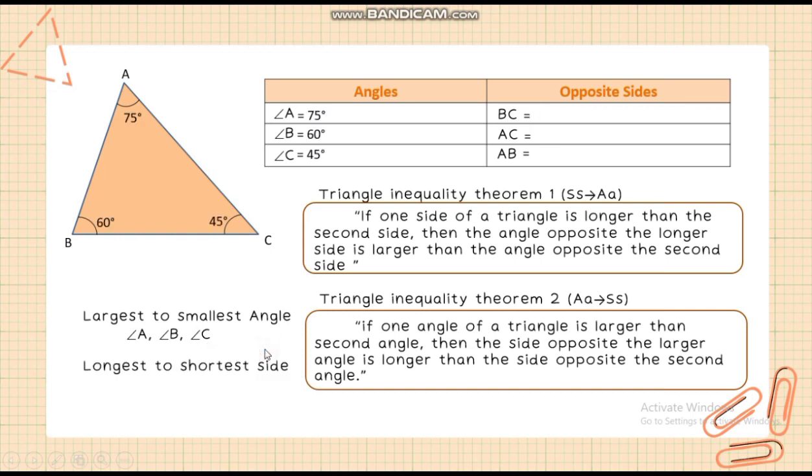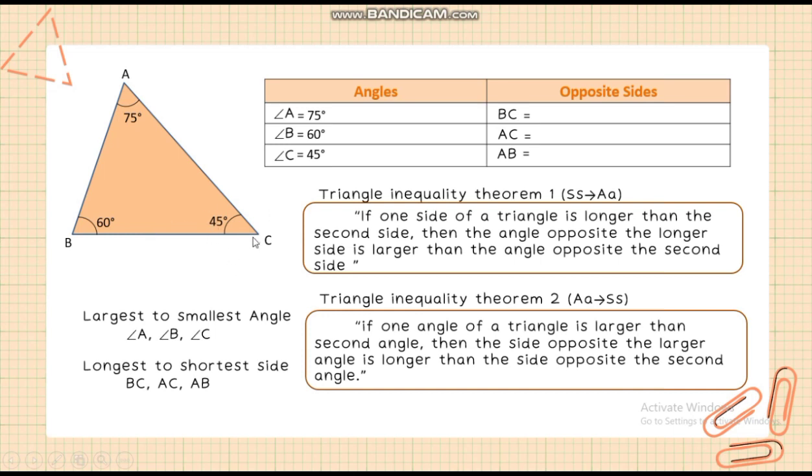Now let's identify the longest side to shortest side, given only the measurement of the angles, by applying triangle inequality theorem 2. As you can see, angle A is the largest angle, meaning the side opposite of this angle, which is BC, is the longest side, and angle C is the smallest angle.